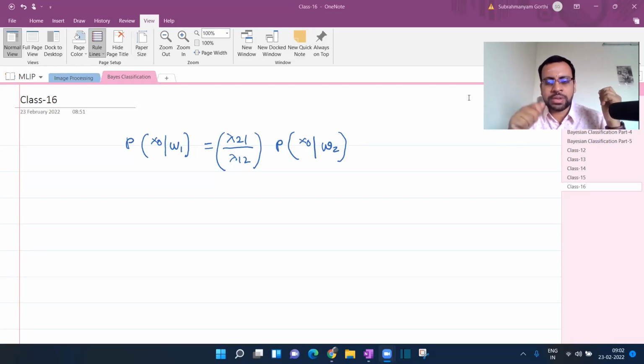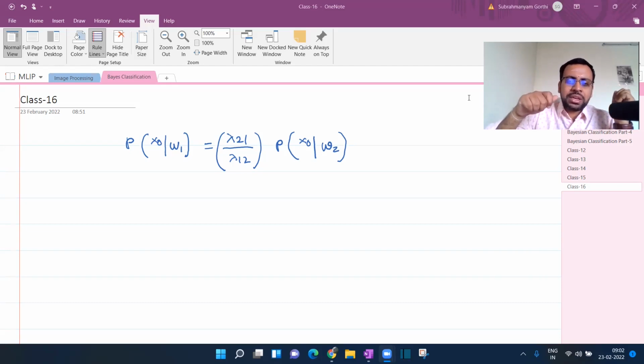We are calling it minimizing the risk because there are instances, as we discussed in the preceding classes, that misclassifying a sample characterized by a given feature vector from 1 to 2 may be riskier than misclassifying a feature vector that belongs to 2 to 1. That's where we are giving some penalty weights and then we are looking at it. So these are the things that we have discussed so far.